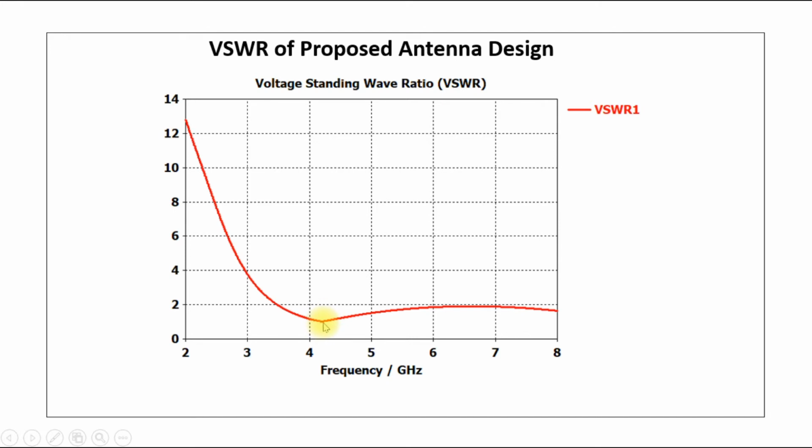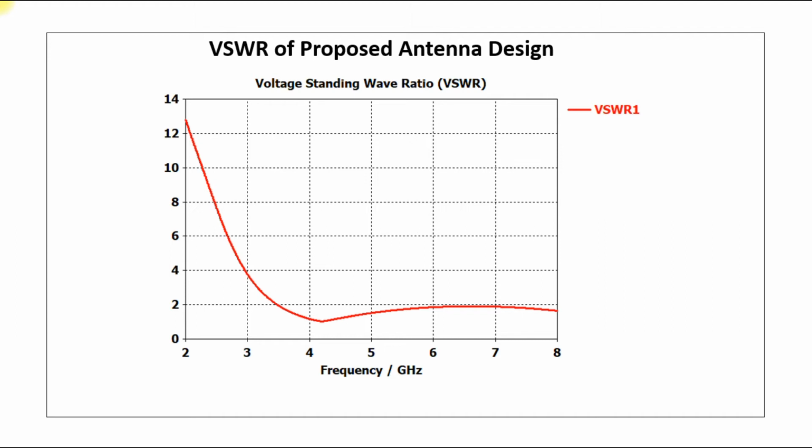At that frequency, 4.2, I am getting a VSWR value of exactly 1. You can see that on the left y-axis, if the value is 1, the corresponding x-axis value is 4.2. So at frequency 4.2 the VSWR value is exactly 1. So the designed antenna is a good one, and the VSWR matches the standard.